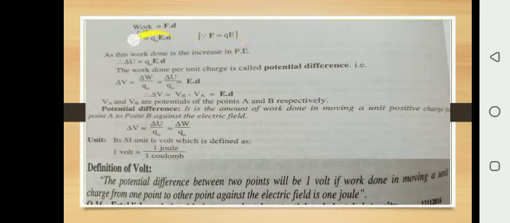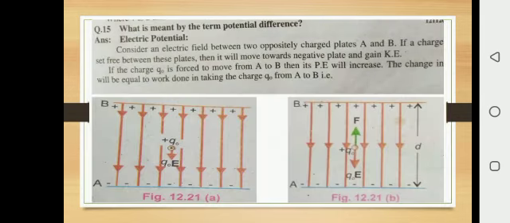So work done is equal to Q naught E dot D. This dot means cos theta. As this work done is the increase in potential energy while the charge is moving from this negative plate to the positive plate. It's moving in an upward direction, so its potential energy is increasing. There is a change in its potential energy. Its potential energy will increase.